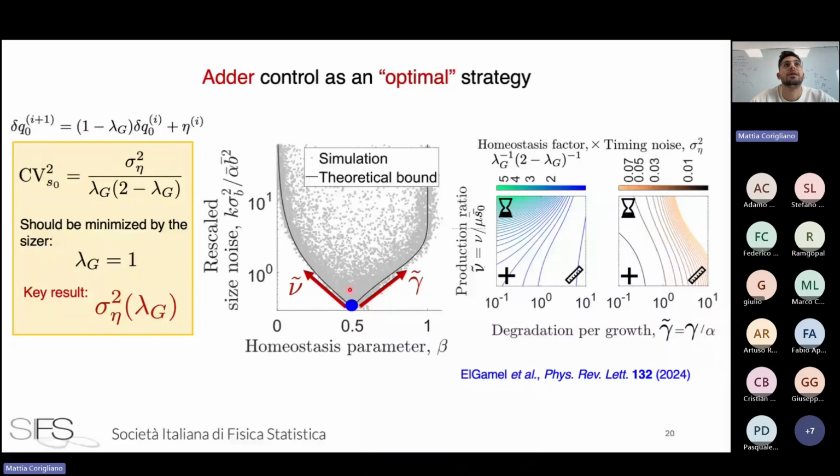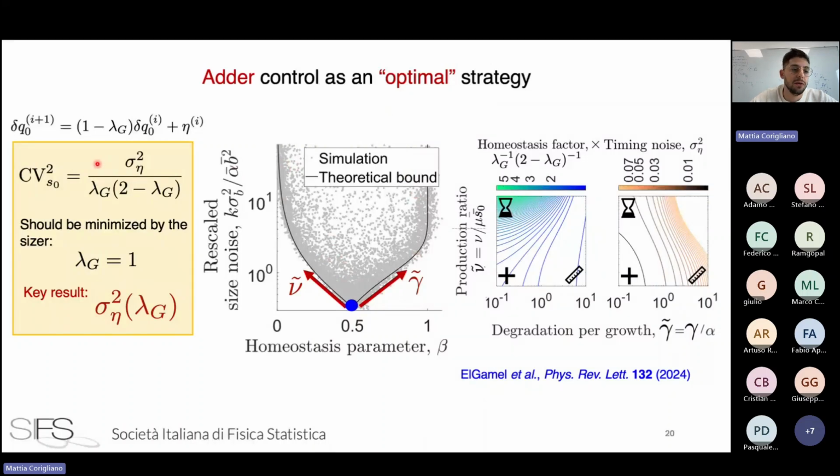So this might answer our initial question of why cells should implement a sort of intermediate strategy in terms of controlling size fluctuation. This is because if you consider molecular noise, this intermediate strategy is the one that is minimizing the overall size noise.